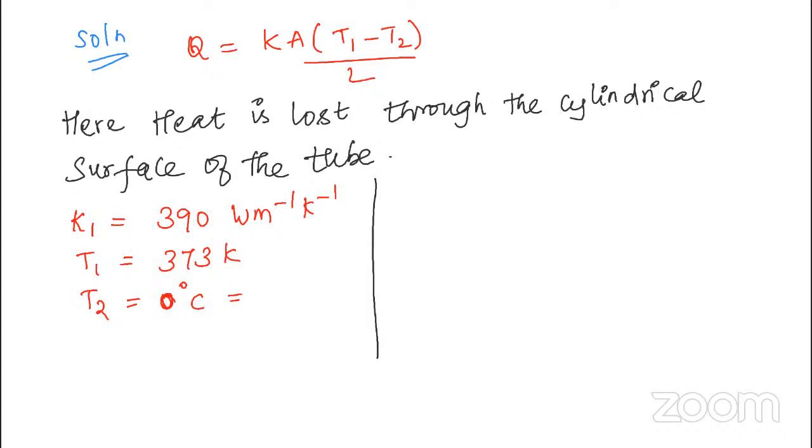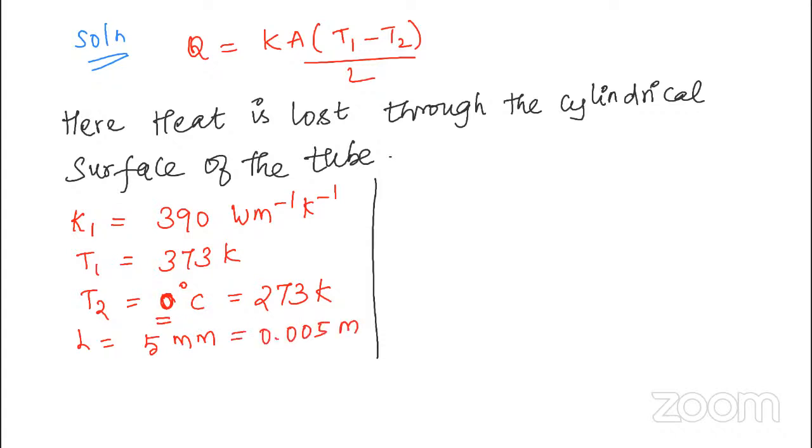Celsius we have to convert into Kelvin. We have to add 273. Okay, very good. So here it is 0, you should add 273. It is 273 Kelvin. Then what about the L value? That is the thickness value, 5 millimeter, which is equal to 0.005 meters.